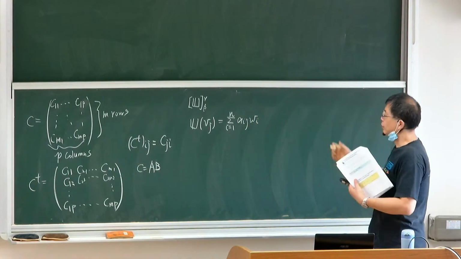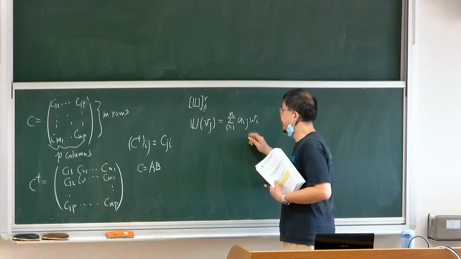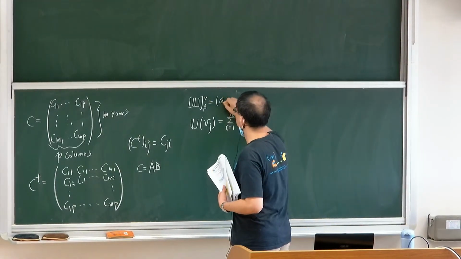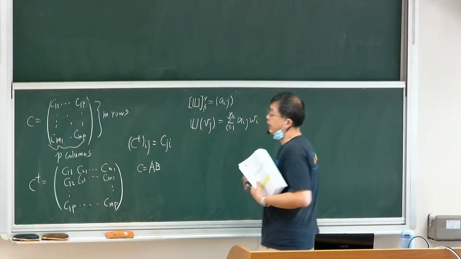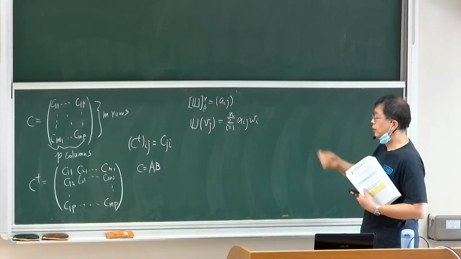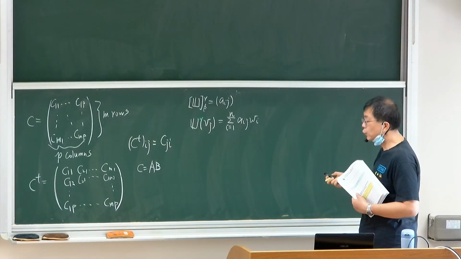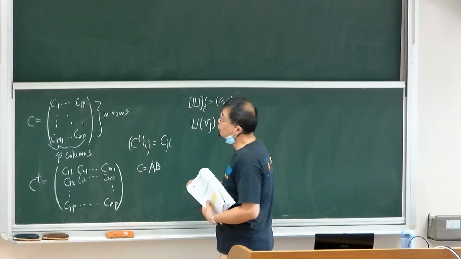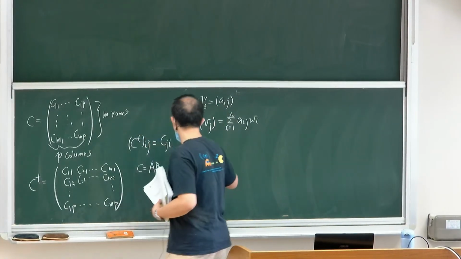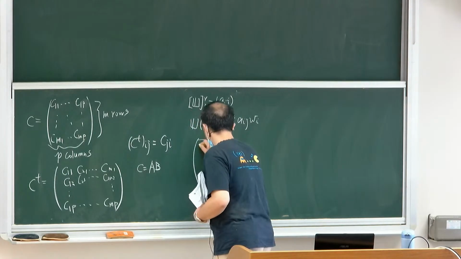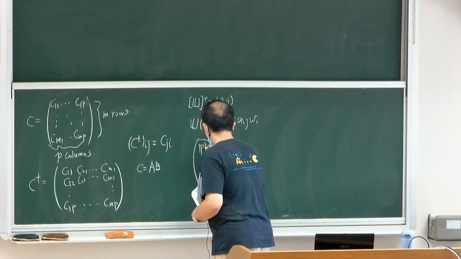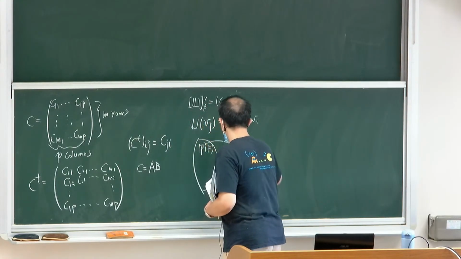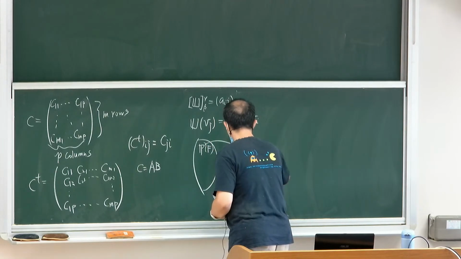So I will take this one, and the Aij will become the element in the matrix representation of U.